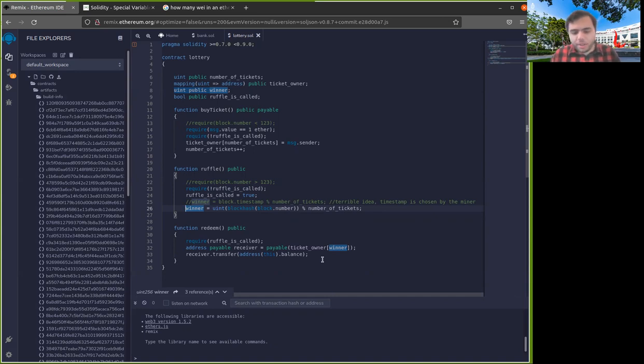And if I'm a miner, I can just create many different identities, many different public keys and private keys. And then what I can do is that I can just form a block and take its hash.